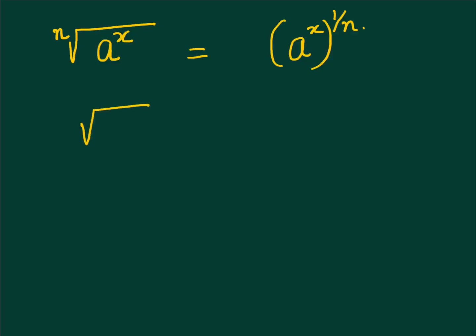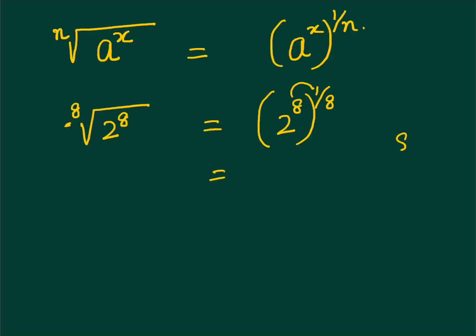So let's suppose if I have 2 to the power of 8 and I have to find out its 8th root. How will you simplify? Very good. 2 to the power 8 remains like this, and 8th root means it becomes 1 by 8. Now we know that power upon power, we multiply the powers, so 8 times 1 by 8 becomes 1.